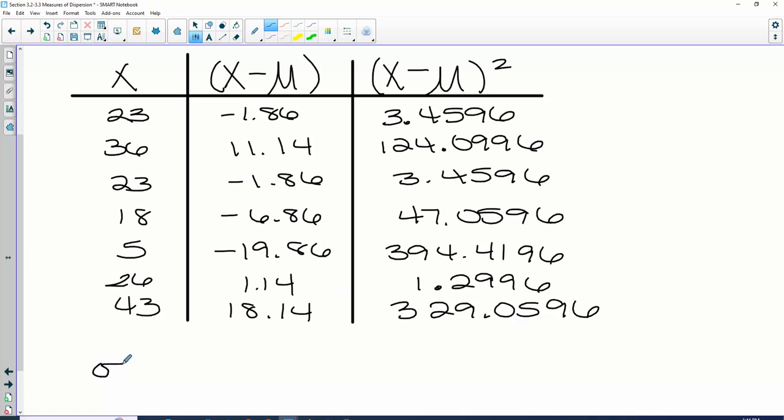So the formula, standard deviation, is the square root of, we said this is the sum of all the x minus the mean squares divided by n. Alright, so we add up this final column.